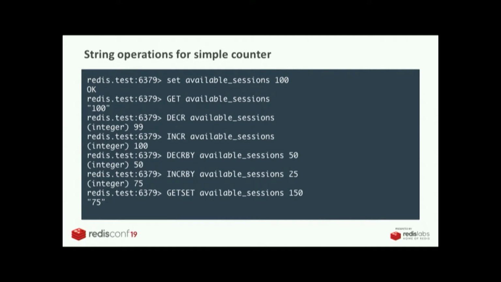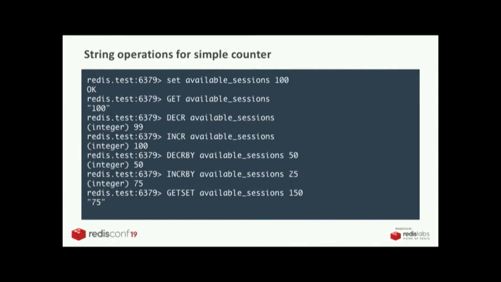I've got one more command. Get set performs an atomic get and then a set. I kind of wish there was a set get, but it returns the value anyway. Get set will do a get, it will return the value, and it will set or change the value, all in one atomic operation to make sure that nothing gets in the way.